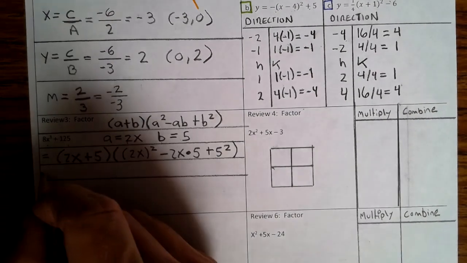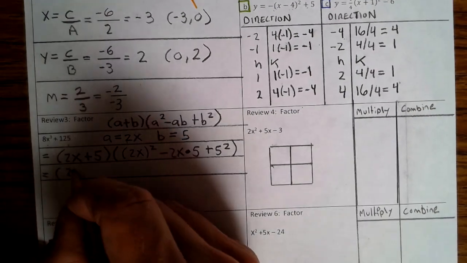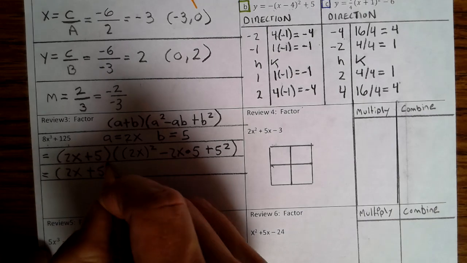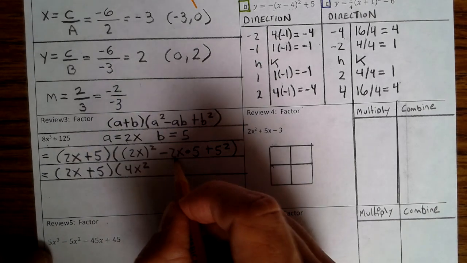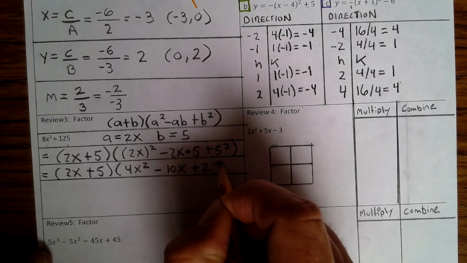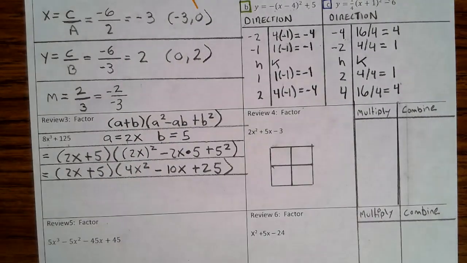So then that's 2x plus 5, parentheses, 2x squared is 4x squared. Negative 2x times 5 is negative 10x, plus 5 squared is 25. And you're done. That is factored using sum and difference of cubes.